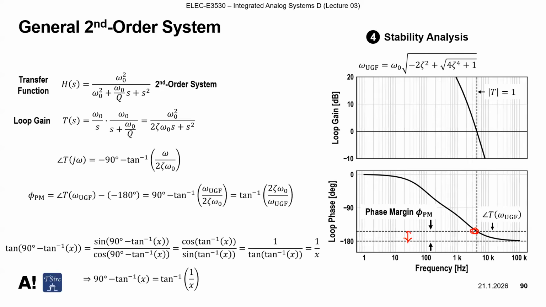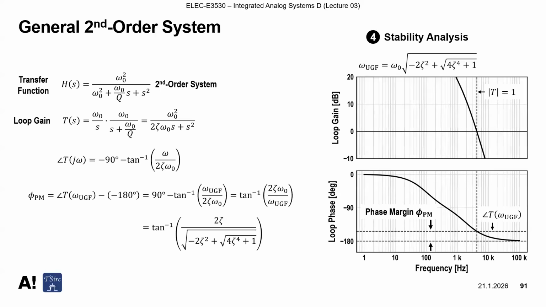So arctangent of 2 times theta omega 0 over the unity gain frequency. That is our condition for the phase margin. So when we plug in our equation, now we get this. Phase margin can be described with the damping factor.